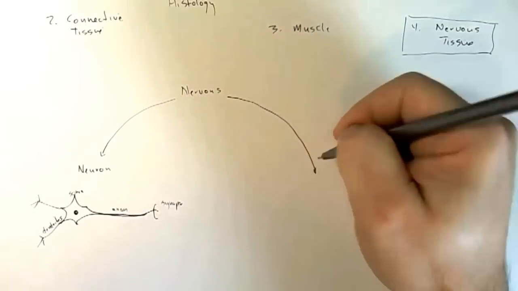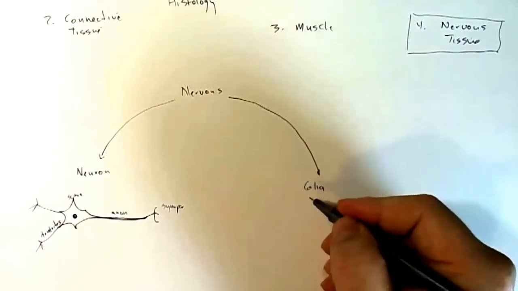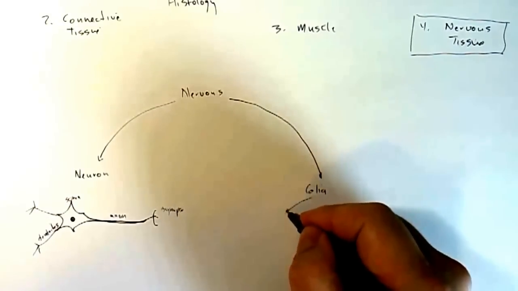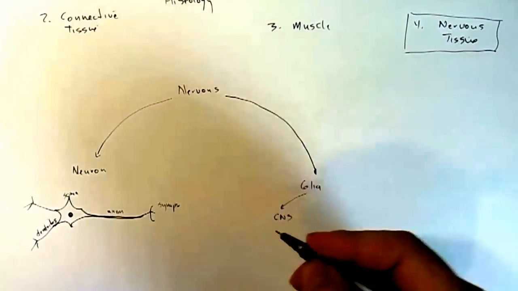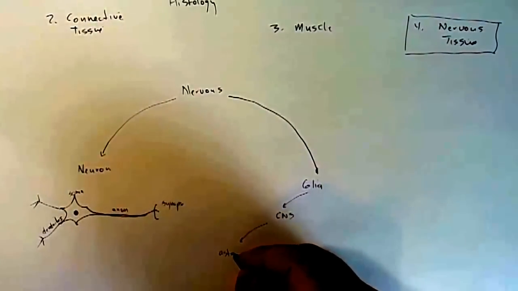We have another type of cell over here, which is a support cell, which is called glia. And in the central nervous system, we have an astrocyte.